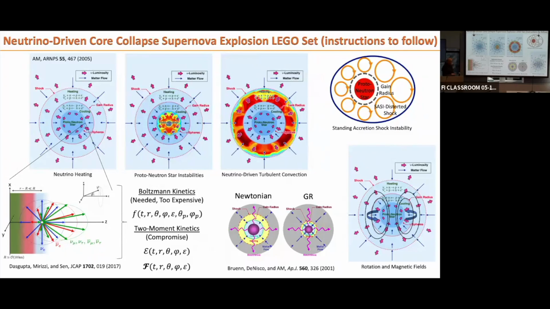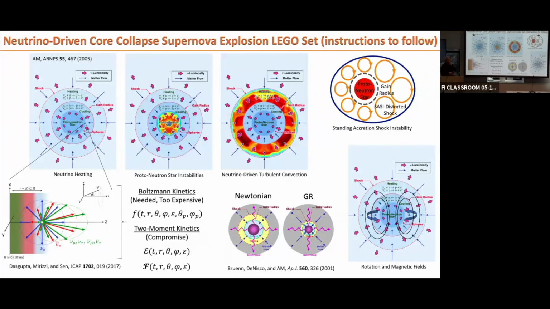So this is a 7-dimensional problem. Even on Frontier at the Oak Ridge National Laboratory, one cannot conduct a supernova simulation where the neutrinos are treated using the full 7-dimensional distribution function by solving the Boltzmann kinetics equations. One has to make some approximation.